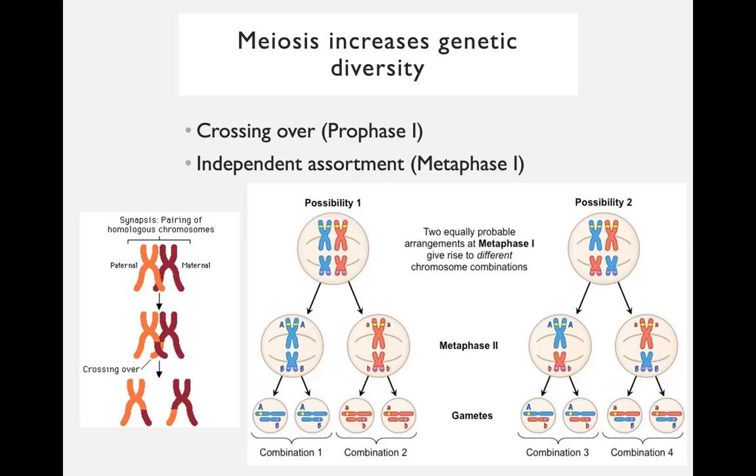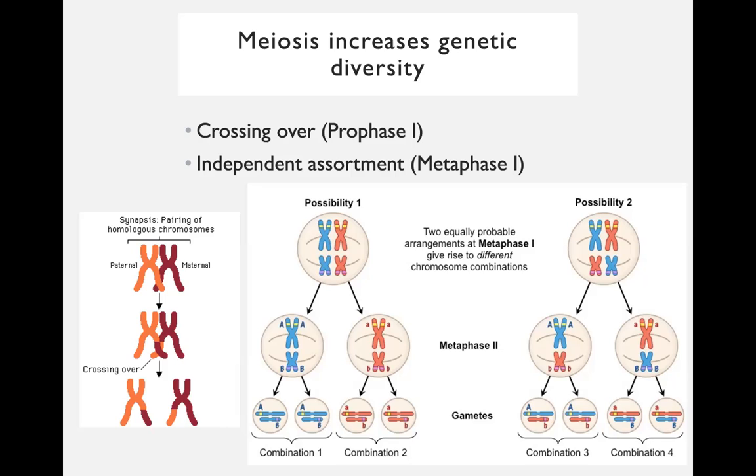The tetrads, these combinations of the paternal and maternal chromosomes, are lining up along the midline in basically two lines next to each other. Depending on which way they're arranged, which is on the left and which is on the right, determines which set of DNA goes into each eventual cell. Here I have possibility 1 and possibility 2. Both of these are equally probable.